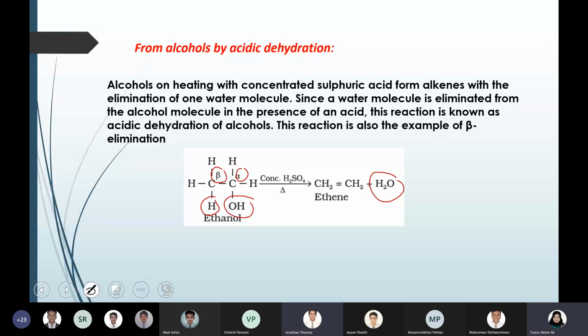Ma'am, so the double bond is always found between alpha and beta carbon? Yes. It will be between alpha and beta, because OH is moving from alpha, which means one bond of the alpha carbon is breaking or getting removed, and one hydrogen is removed from beta, meaning one bond of the beta carbon is also removed.